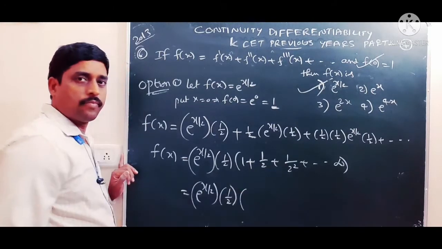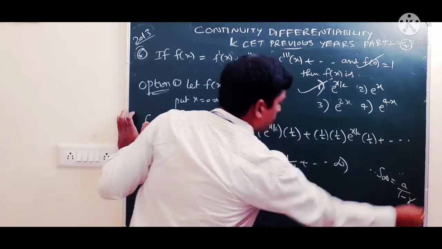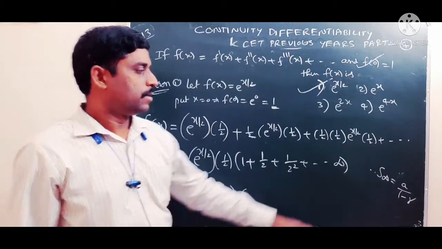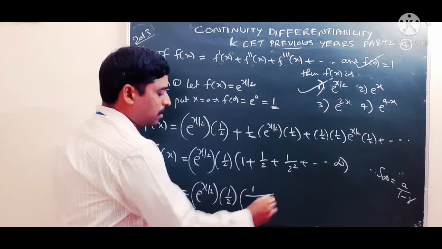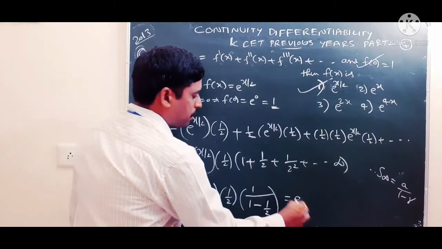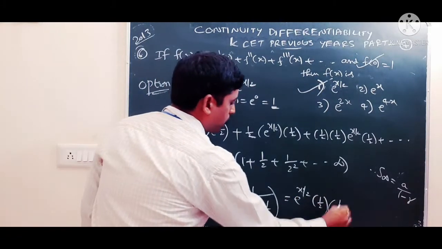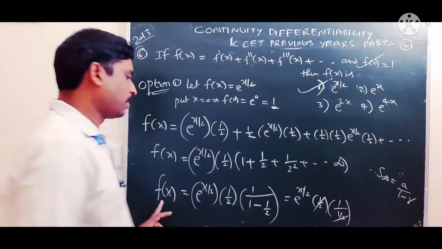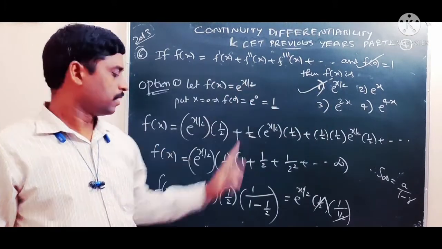This is an infinite GP. We have the formula S infinity is equal to a by 1 minus r, where a is the first term and r is the common ratio. Here the first term is 1 and the common ratio is 1 by 2. So e to the power x by 2 into 1 by 1 minus 1 by 2, which is 1 by 2 in the denominator, so the 1 by 2 cancels. So f of x is e to the power x by 2. Option 1 is verified, so option 1 is correct.